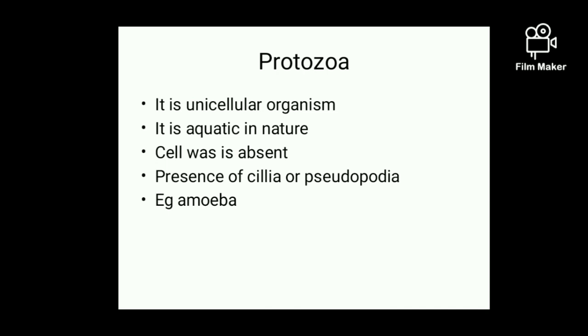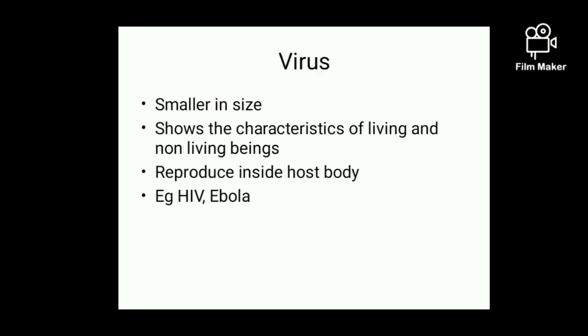They move from one place to another place. You can take the example of amoeba, then paramecium. These are examples of protozoa which have cilia or pseudopodia, and by using them they capture their food.